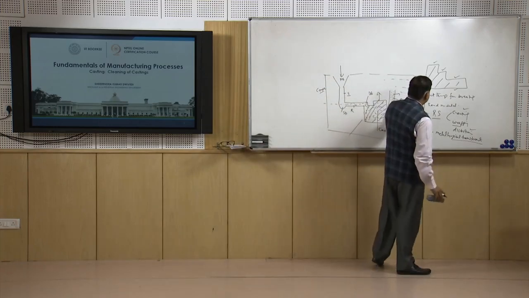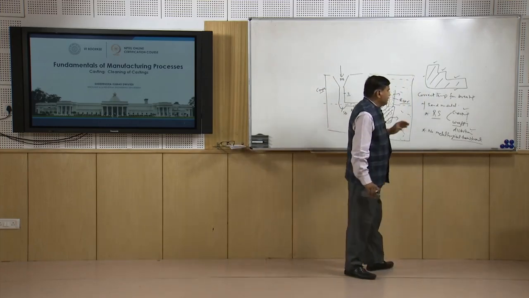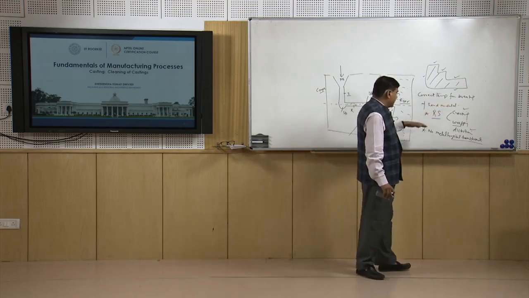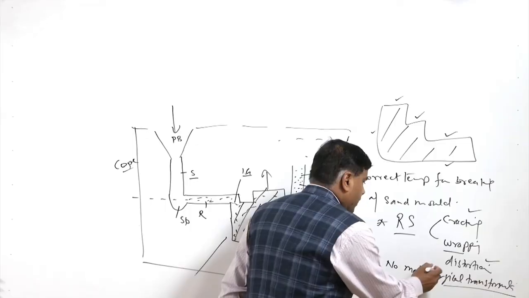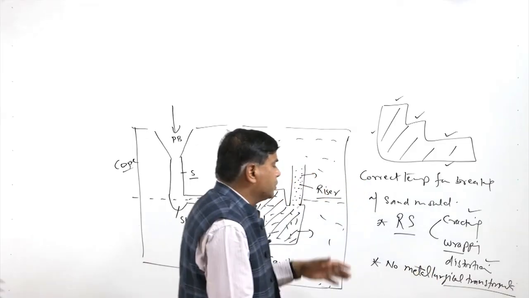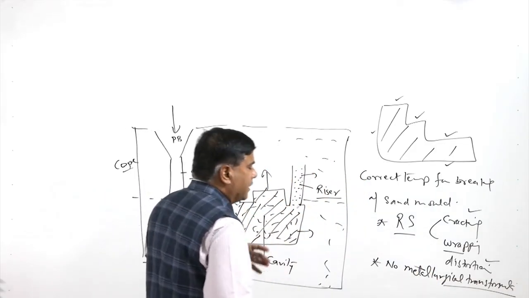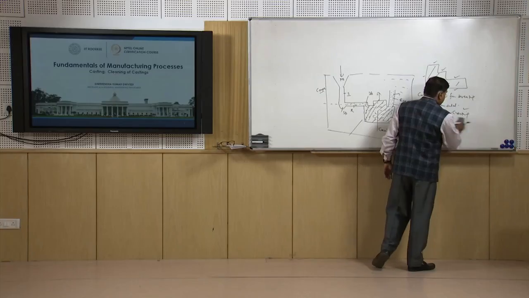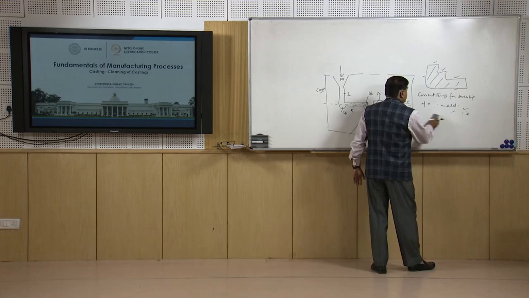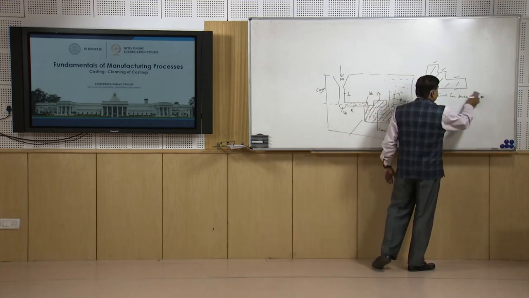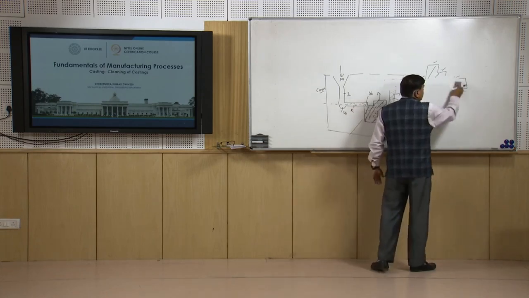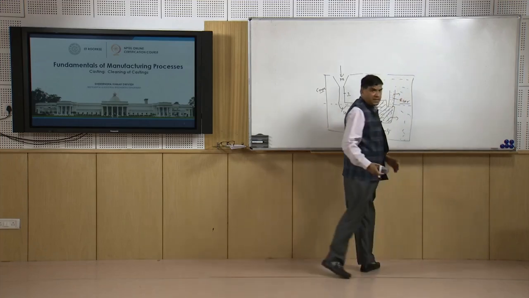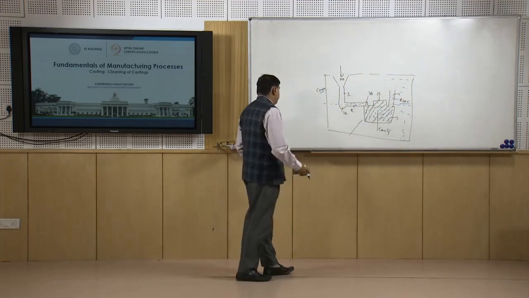The temperature must be low enough so that there is no development of residual stresses and no metallurgical transformation is involved, which would otherwise lead to undesirable metallurgical changes in the casting, and the temperature must be low enough so that the thin sections of the casting can handle the forces acting onto the casting during the breaking of the mold.